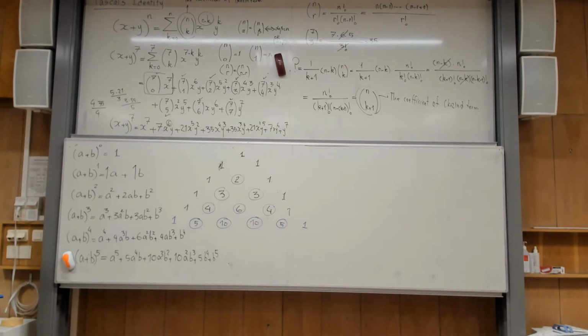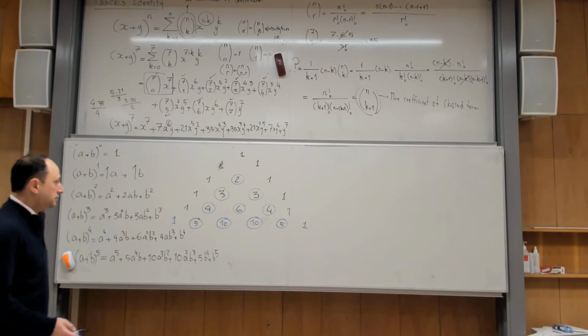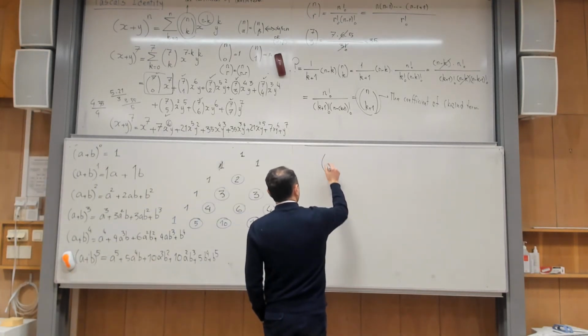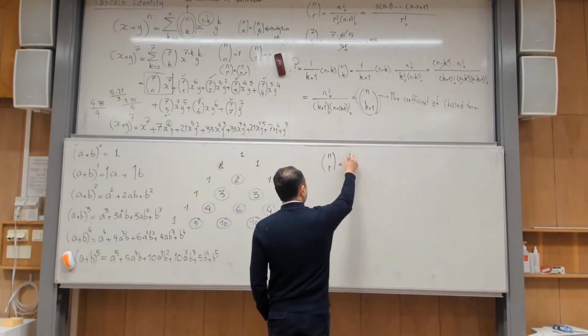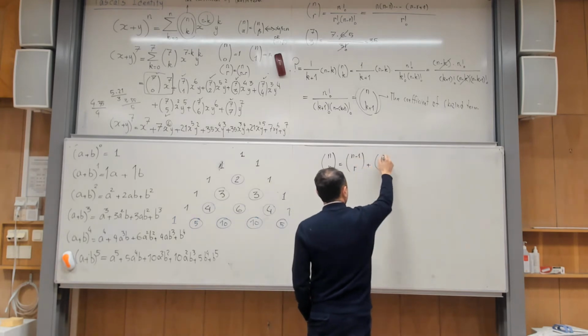So this is not a coincidence, that is actually a representation of the Pascal identity. So if I want to write the Pascal identity, it is this. If I give you n choose r, this can be written as n minus 1 choose r plus n minus 1 choose r minus 1.